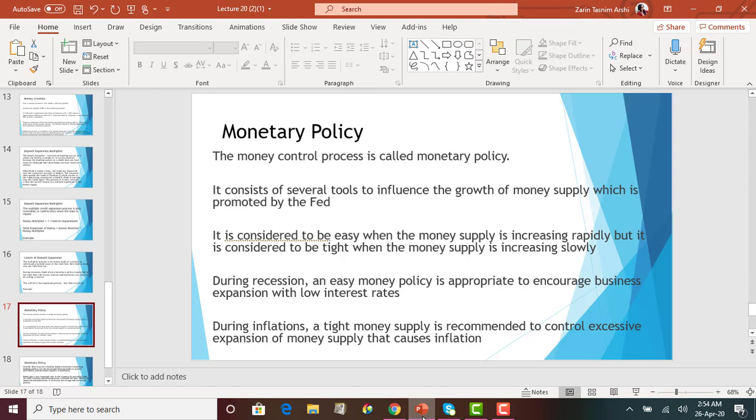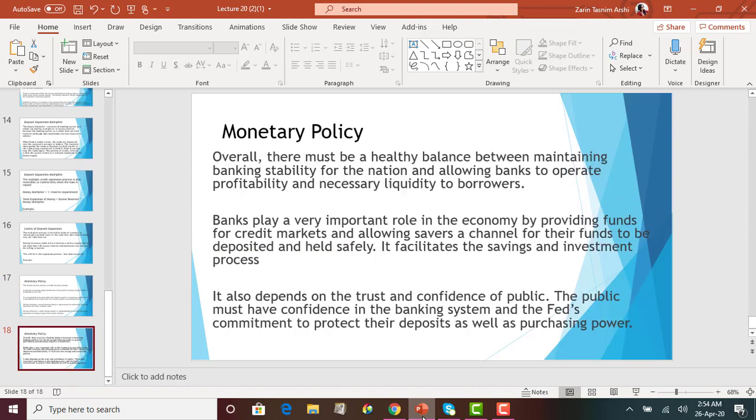So we will try to increase the money supply so that people have more money in their hands, and that is called easy monetary policy. On the other hand, during an inflationary period, when prices are going up really fast, we will use tight monetary policy. We will basically reduce the money supply so that it does not grow too fast.